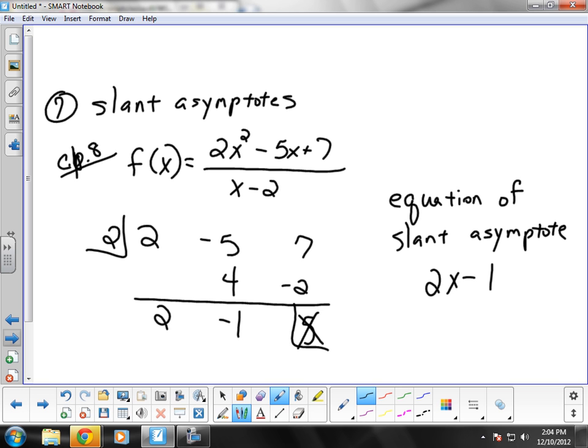Okay? So in other words, when I start graphing this, then when I do my end behavior, my equation 2x minus 1 would give me an asymptote that looked like that.